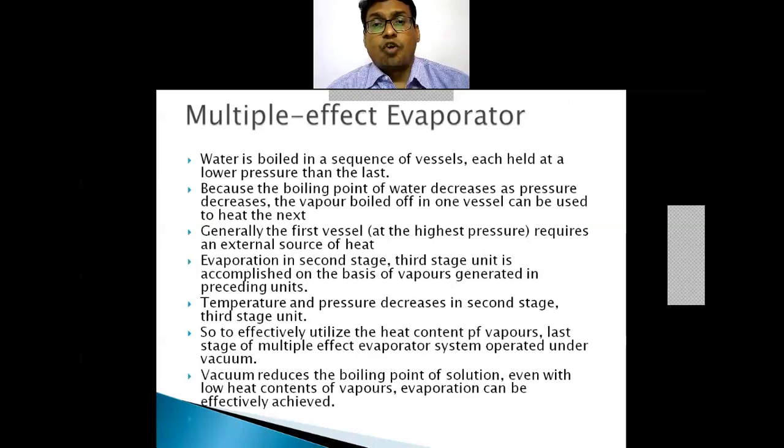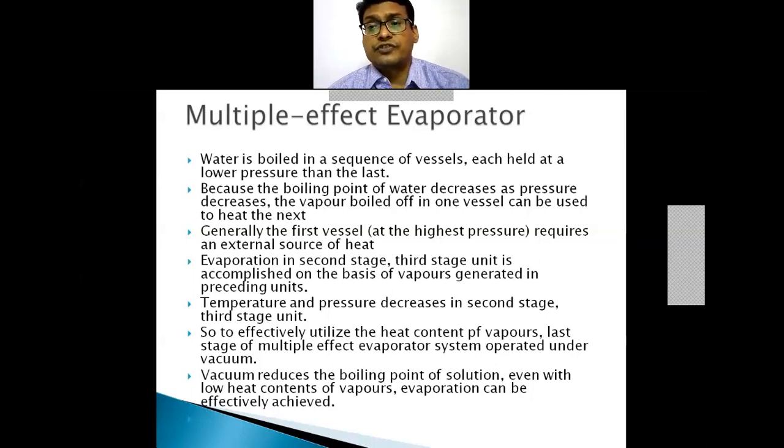That is, the water is boiled in a sequence of vessels, each held at a lower pressure than the previous one, because the boiling point of water decreases as the pressure decreases. So the vapor boiled off in one vessel can be used to heat the next vessel.